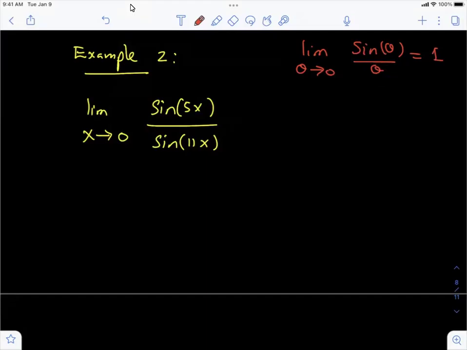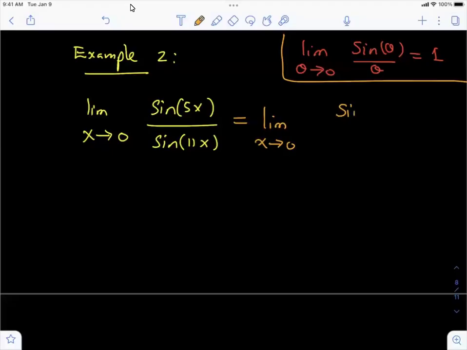Now, if you would like to take a moment and think about it, please go ahead and do that. All right. Now, I hope you gave it a thought a little bit. And now let's think about this. I need to introduce that kind of theta, kind of a denominator term to this problem.